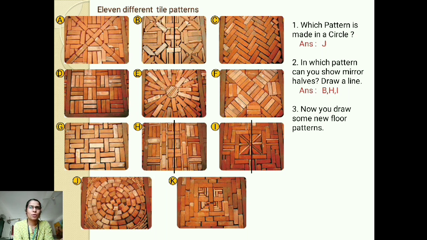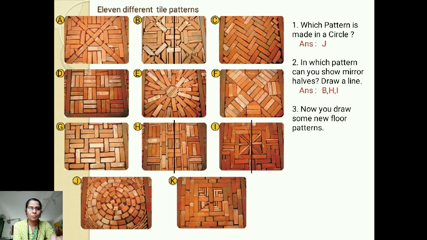Properties of sides and corners, which we saw that each shape has its own different number of sides and corners, and the names of those shapes resemble the number of sides and corners. So that was the first concept which we learned.